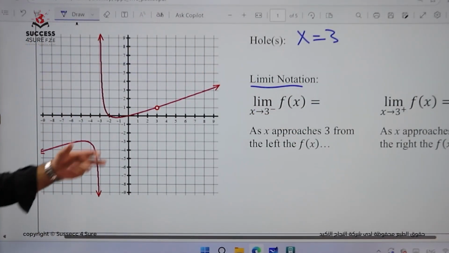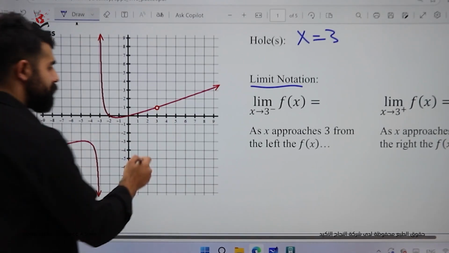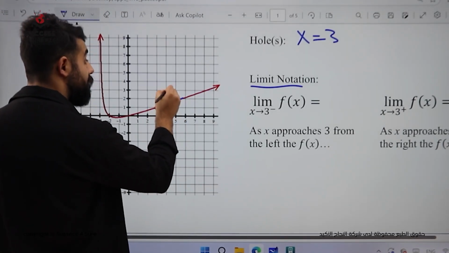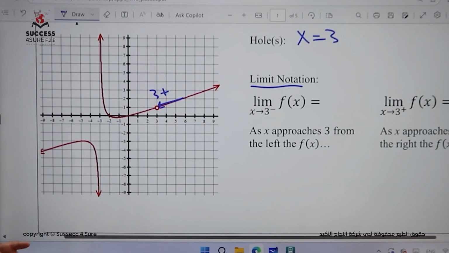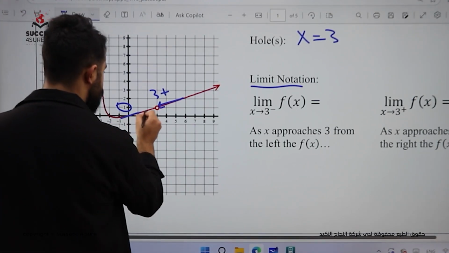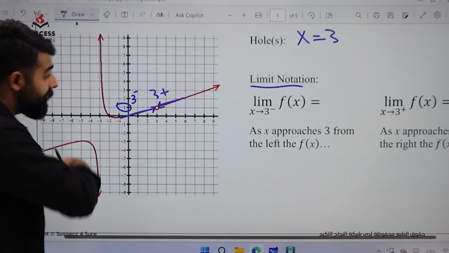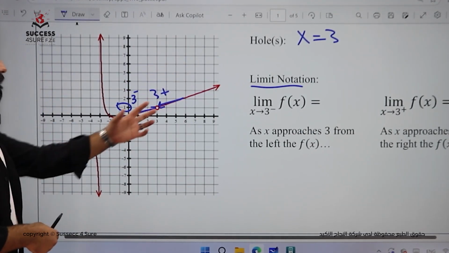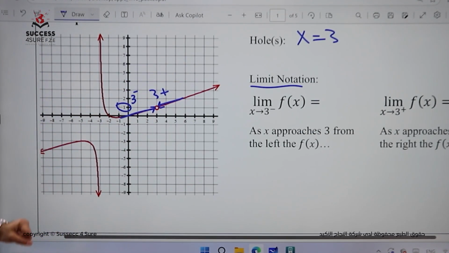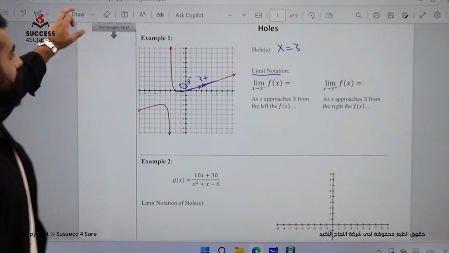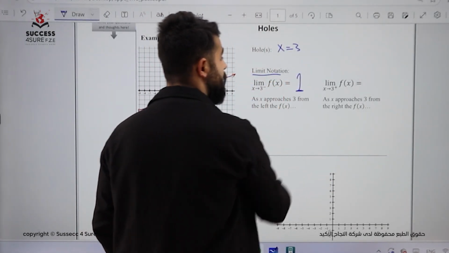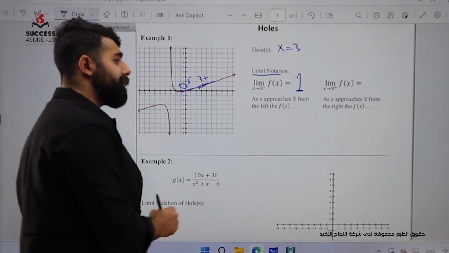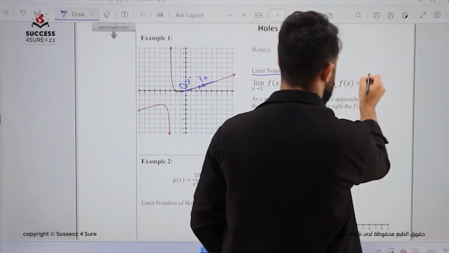Notice that as we get closer and closer to 3 from the right side, which we write as 3 with a positive sign, the value of y is getting closer and closer to 1. When we get closer and closer from the left side, which we write as 3 with a negative sign, the value of y is also getting closer and closer to 1. So the limit as x approaches 3 from the left, f of x, equals 1, as well as the limit as x approaches 3 from the right, the function is approaching 1.